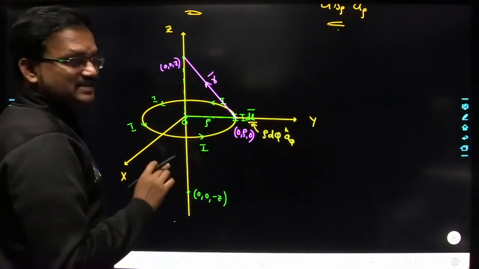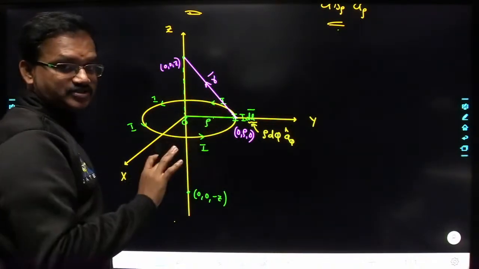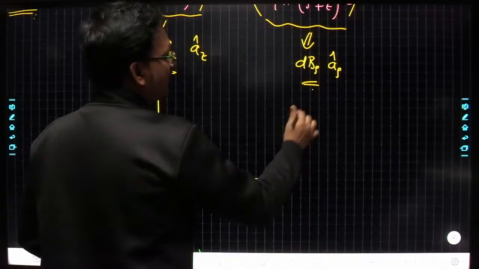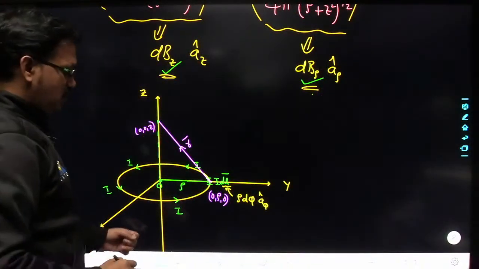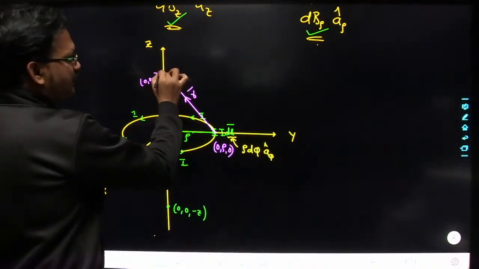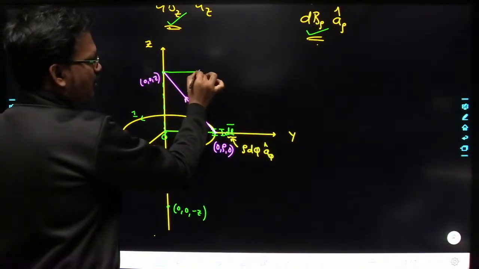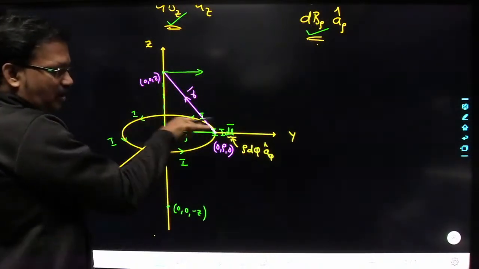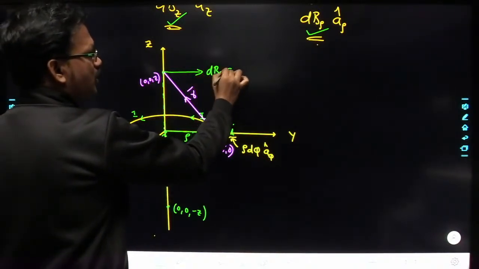One is along the rho direction. Rho direction means the radial direction, understood? So one is along the radial direction and another one is along the z direction. So the component along the radial direction, that means along the rho direction, is dB_rho a_rho cap.